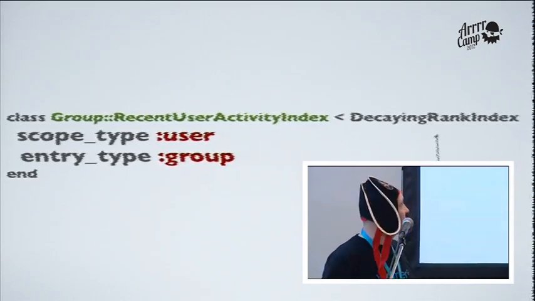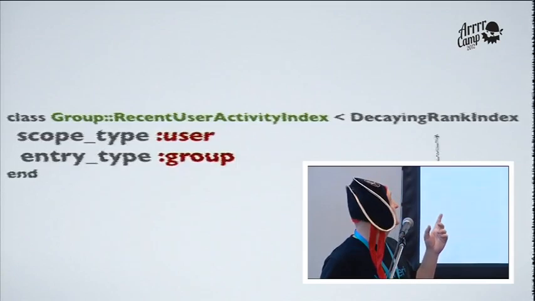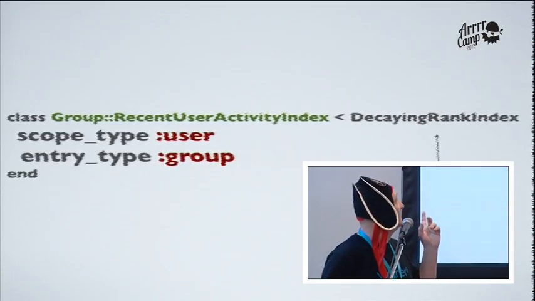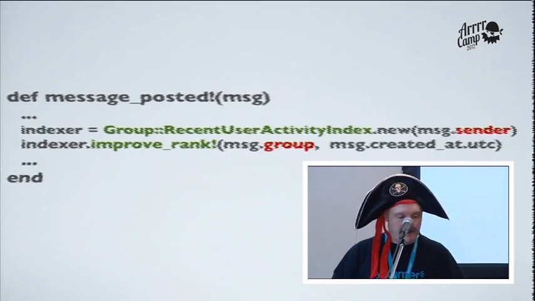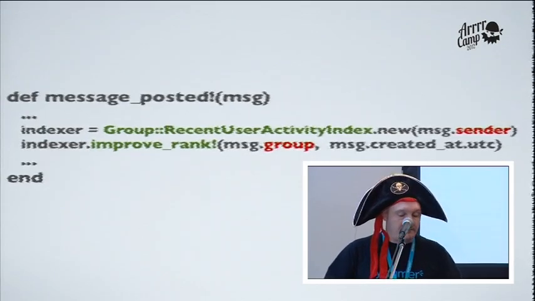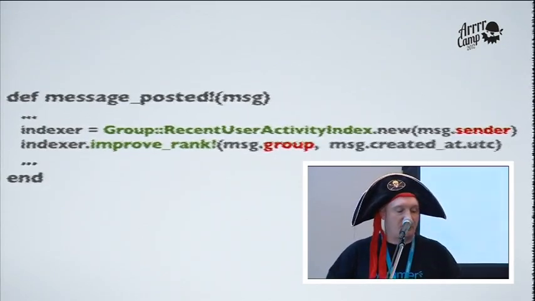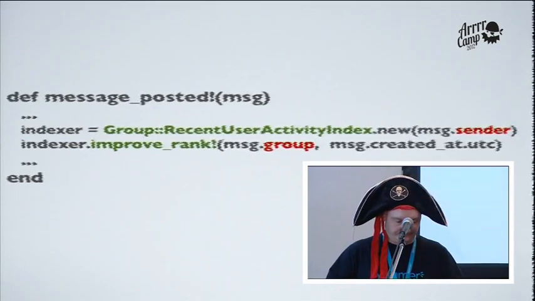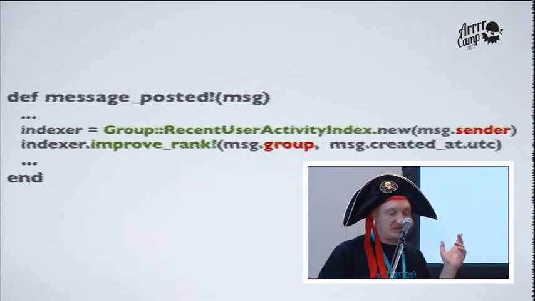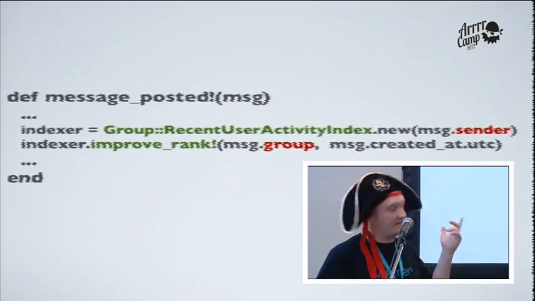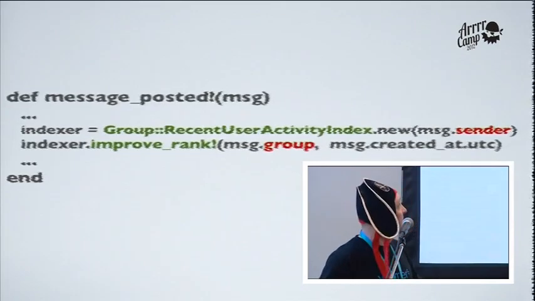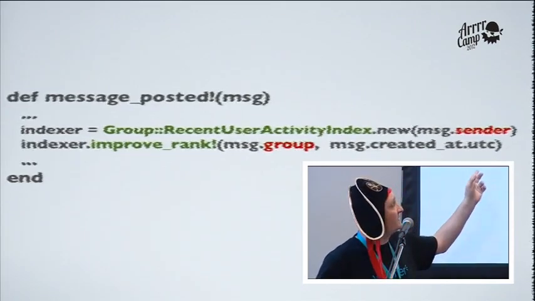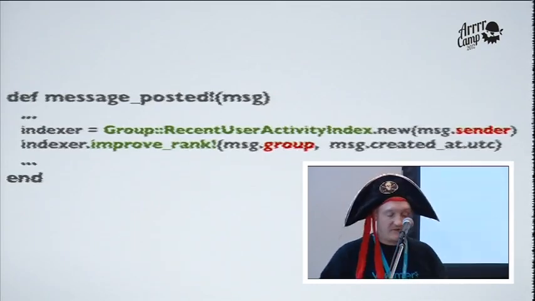We just define that for each user, which is a scope type, we want to rank the groups, which is the entry type. Then, every time someone posts a message, we instantiate this indexer for the sender of the message, which is the user, and we improve the rank for this group. This is the group where the message has been posted.